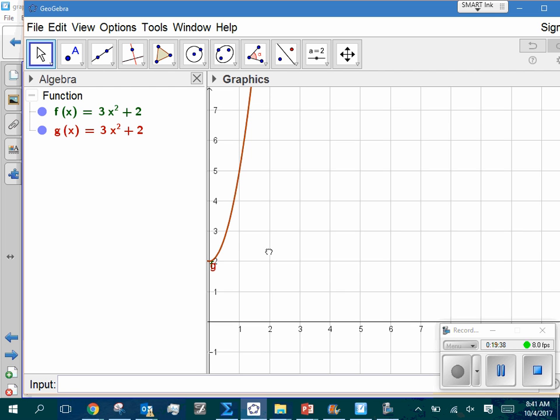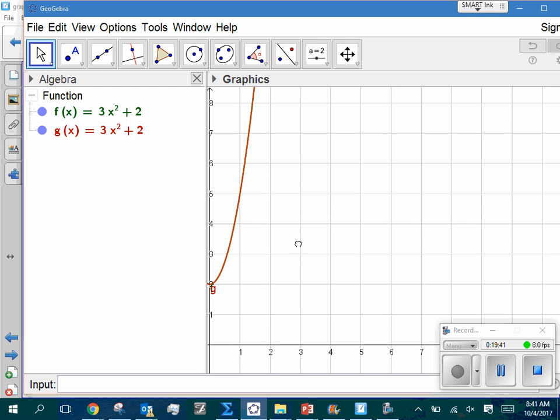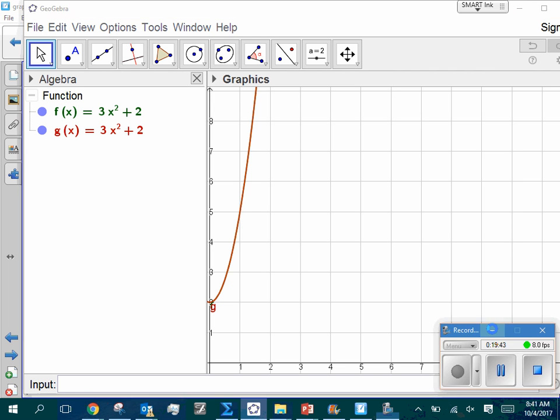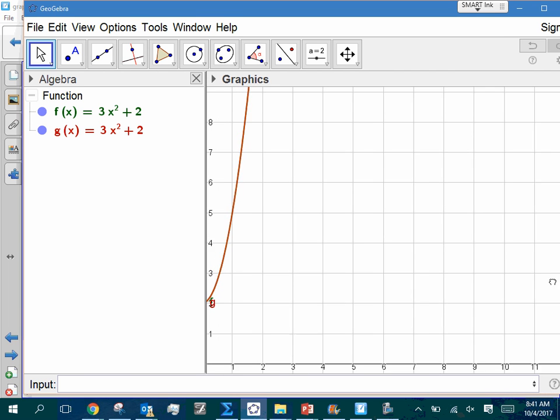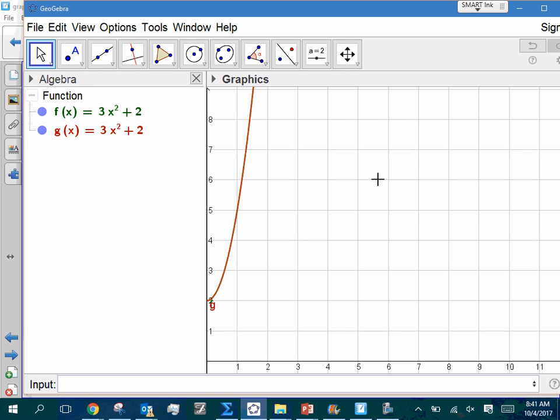Okay. I'm really only worried about values that come up to this vertical line here. I'm only interested in this red curve between the y-axis and this line right here.